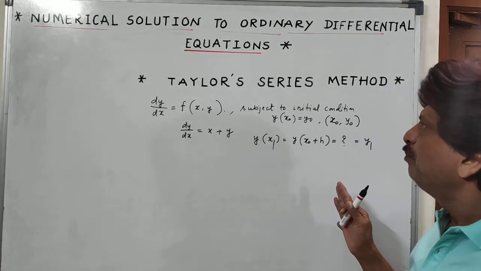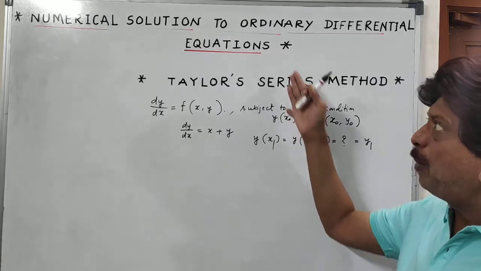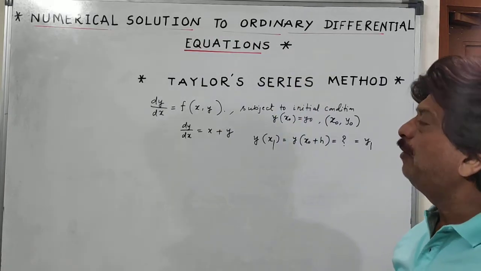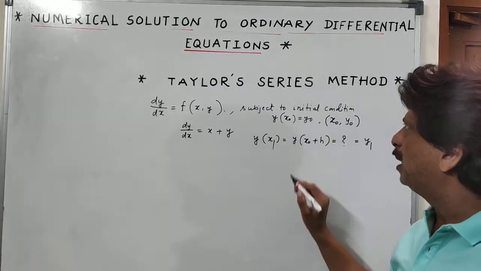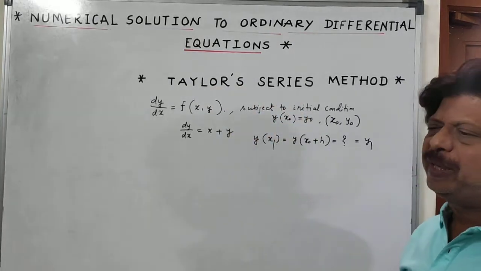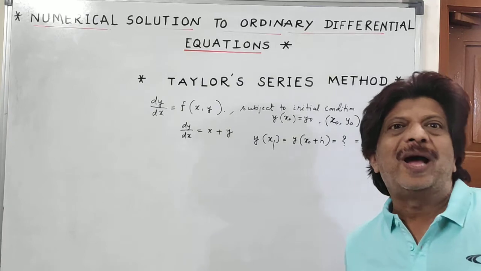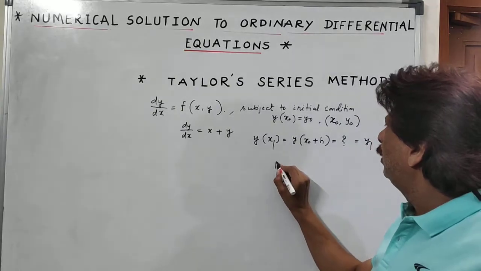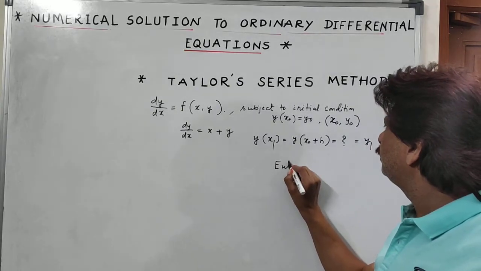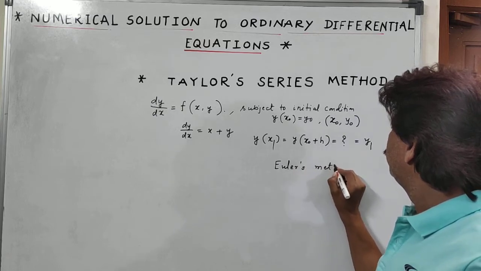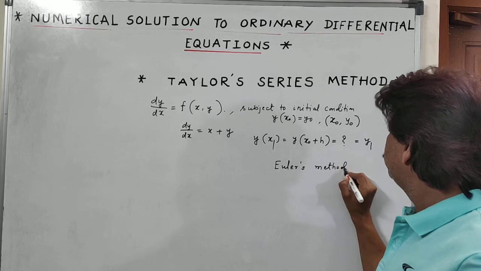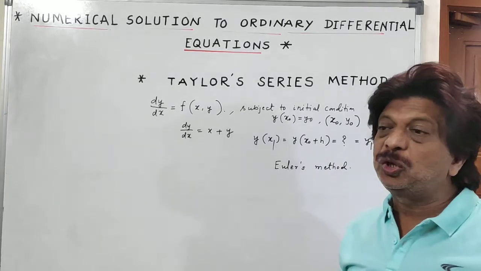So in this topic, numerical solution to ordinary differential equations, we are going to study three different methods. One is the Taylor series method, another is Euler's method, and the third is the Runge-Kutta method.